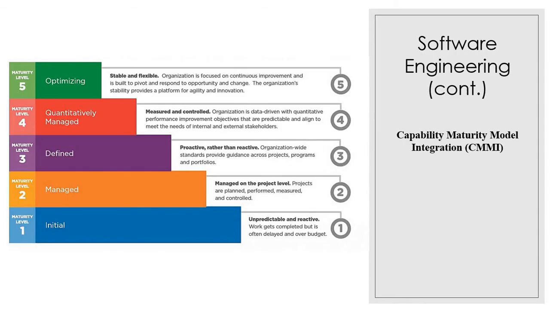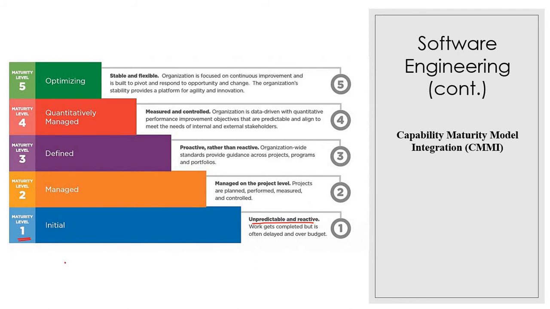So we can see here, this is the Capability Maturity Model Integration, CMMI, produced by SEI, where it has 5 maturity levels. Any software will be labeled by its maturity level. If the software is still unpredictable and reactive, it will get maturity level number 1.